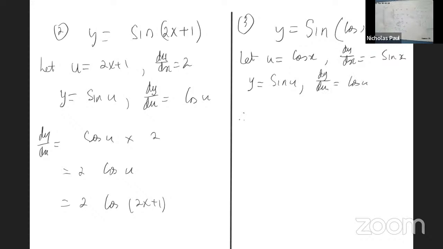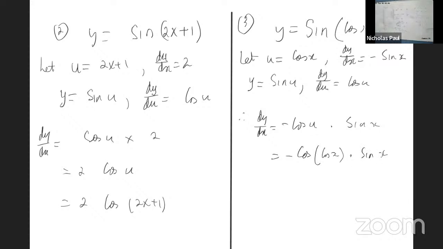So what are we going to do now? All we could do is this: dy/dx is equal to cos u multiplied by negative sin x. What we could really do here is write cos u. U is what again? U is cos x. So it's cos(cos x) by sin x.